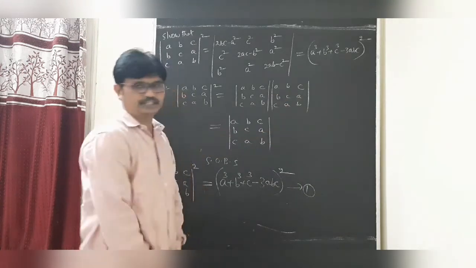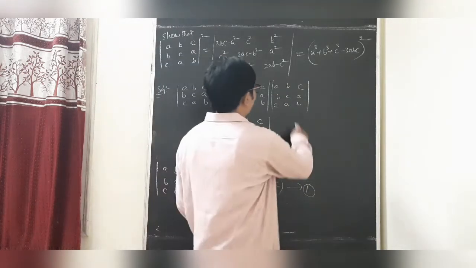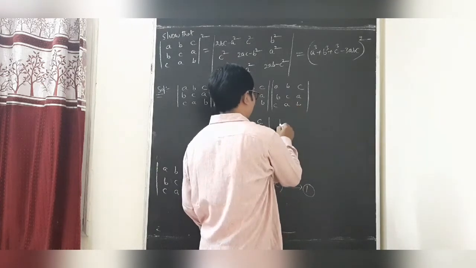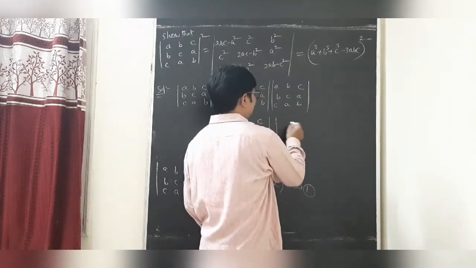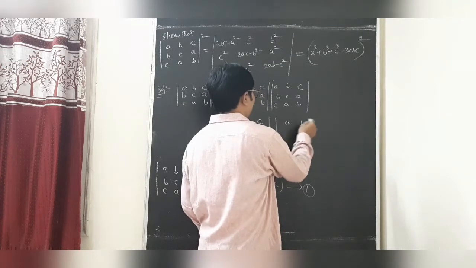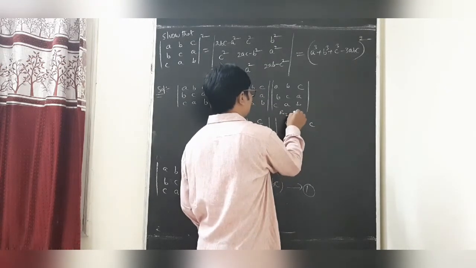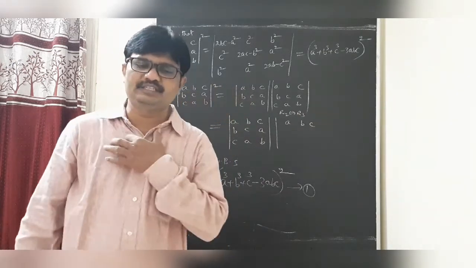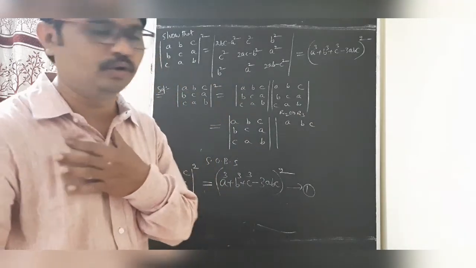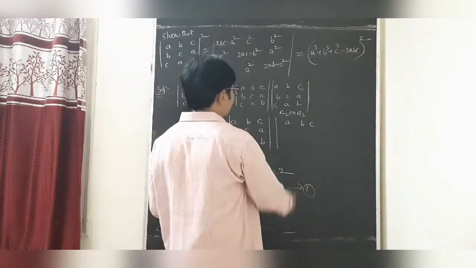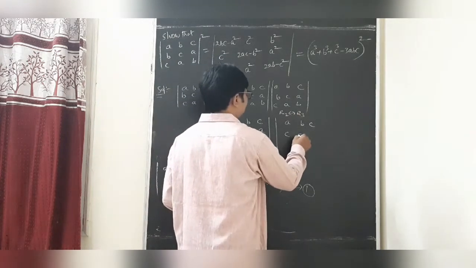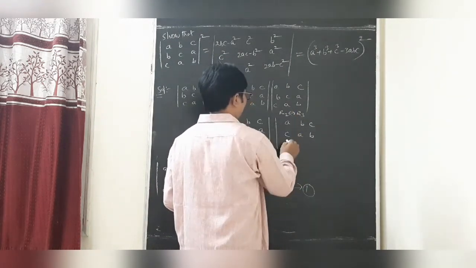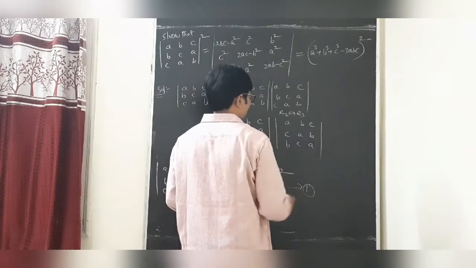Just interchange row 2 and row 3, interchanging the second row and third row. The first row is ABC, and now it is CAB and BCA.